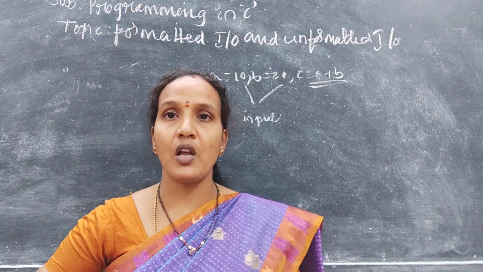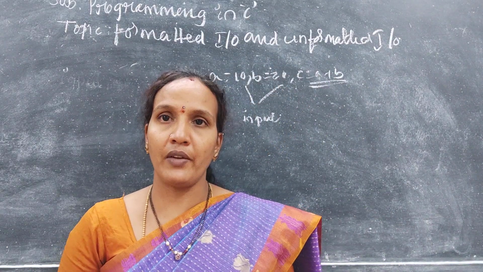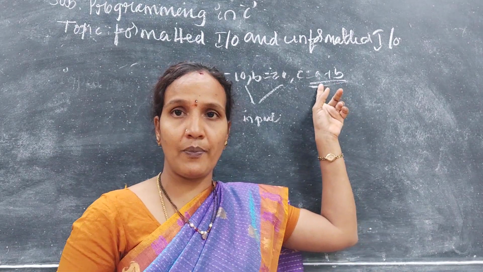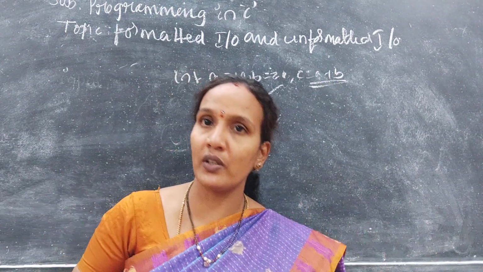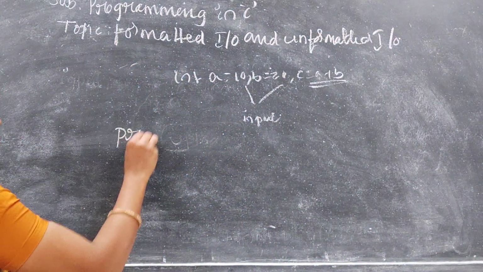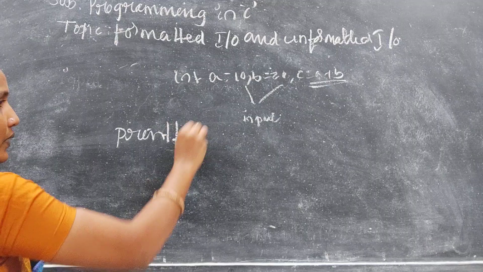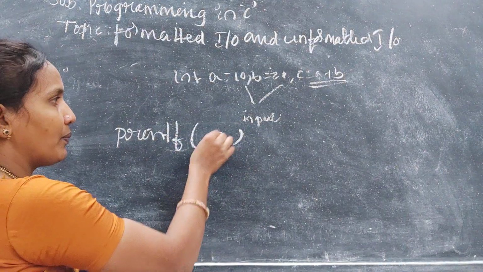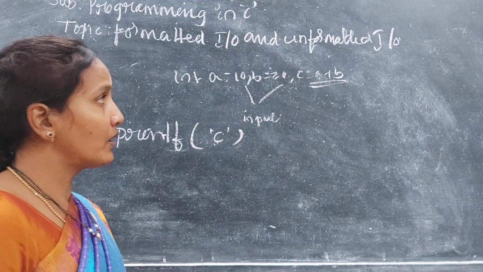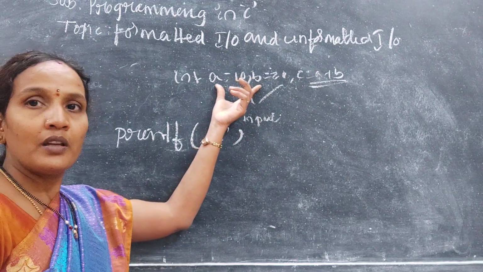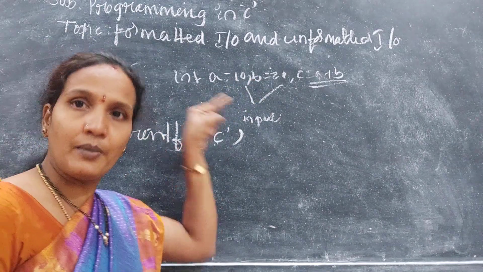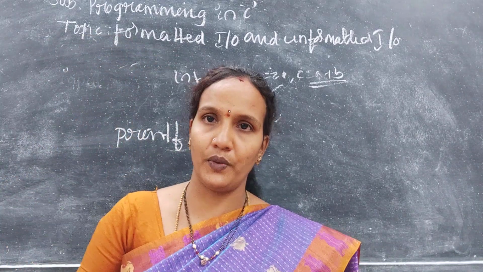So whatever input the user gives is processed according to the instructions, and the result is produced on the console using the output statement. printf is the output statement in C programming. If you are printing c, this is the output, printed on the output screen. Whatever the user gives is the input, and whatever the system produces is the output.